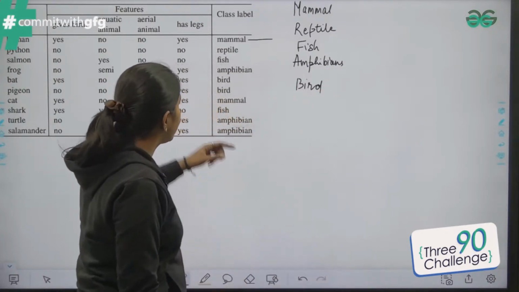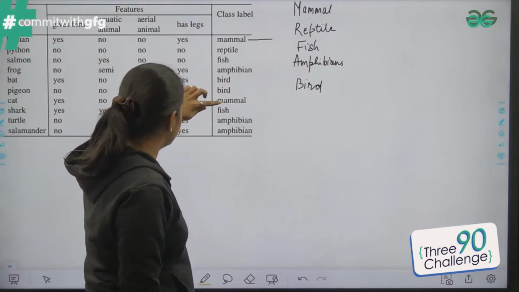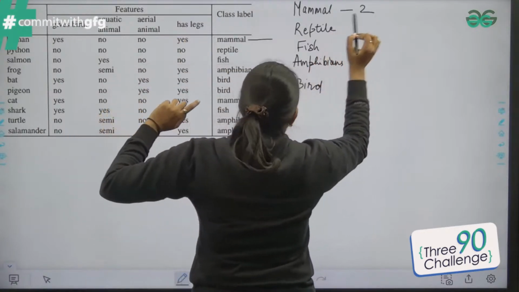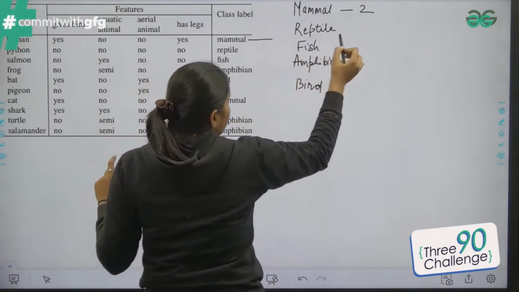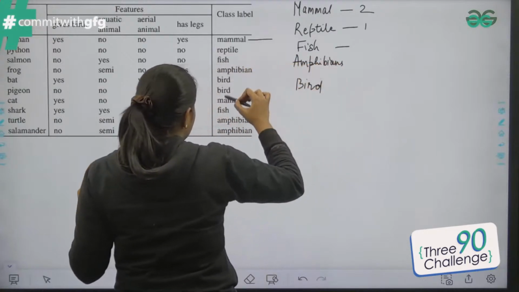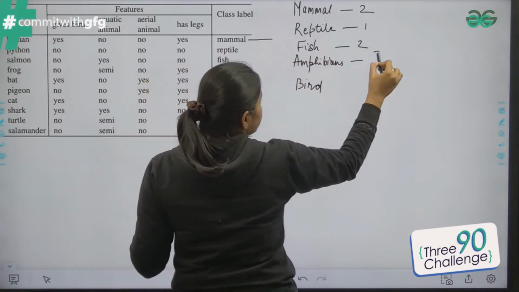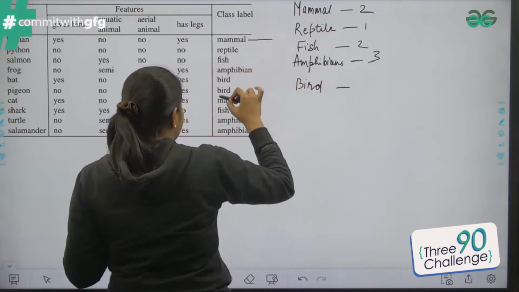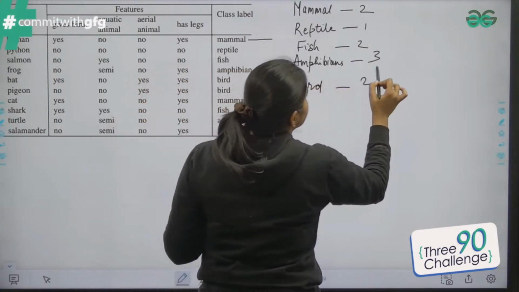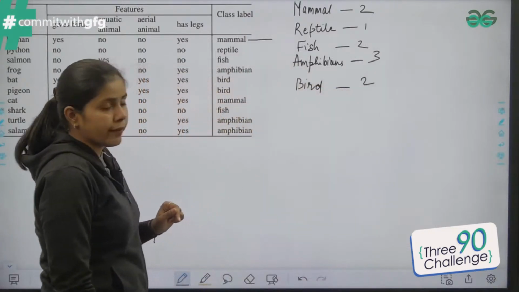So I can count how many of each I have: 2 mammals, 1 reptile, 2 fish, 3 amphibians, and 2 birds. So we have in total 10.